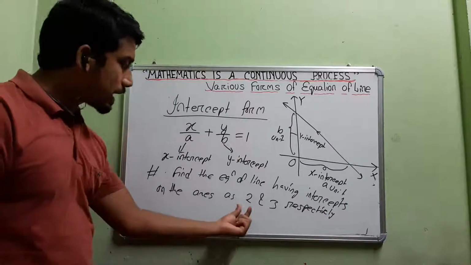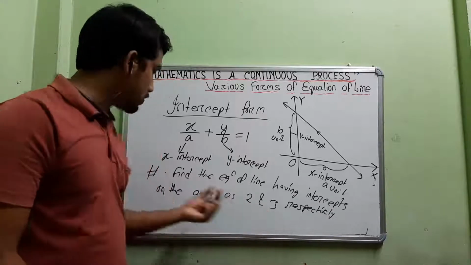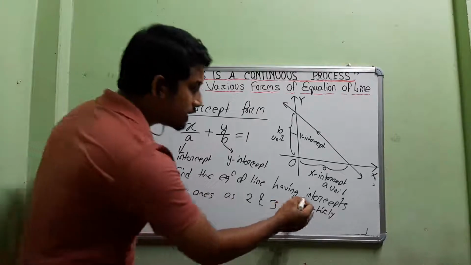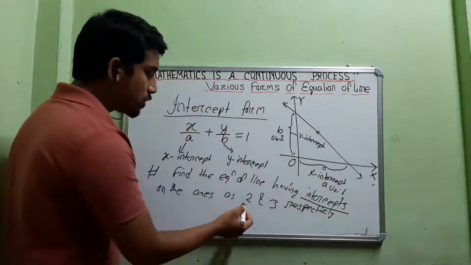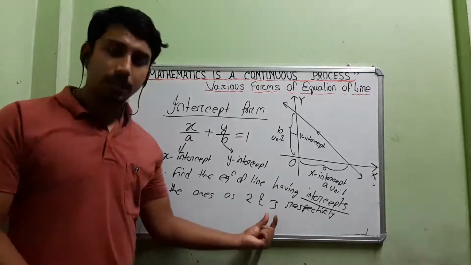So the x-intercept is 2 and the y-intercept is 3. What are the intercepts? 2 and 3 respectively. That means the x-intercept is 2 and the y-intercept is 3.